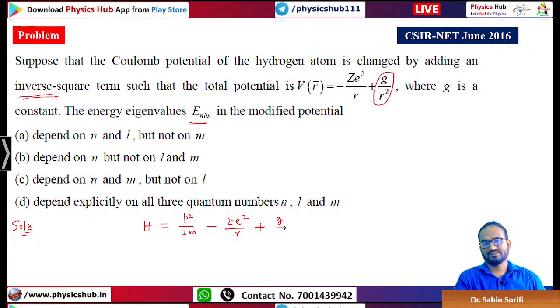This is the potential part, this is the kinetic energy part. So you can write it as H0, the unperturbed part of the Hamiltonian, plus this G by r square serving as a perturbation. There is something called unperturbed Hamiltonian and then perturbation.